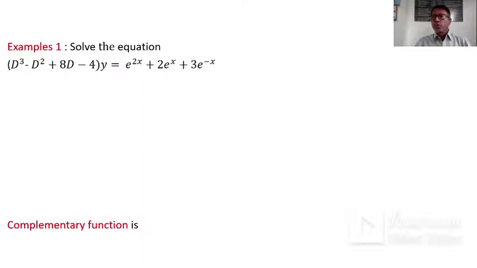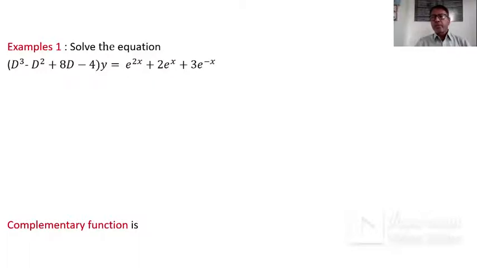We want to obtain the general solution of this non-homogeneous differential equation. And we know that the general solution contains two parts. The first is the complementary function, and second, the particular integral or particular solution.